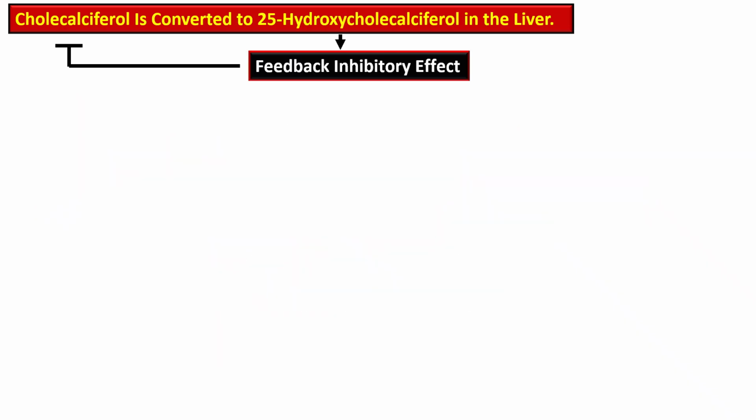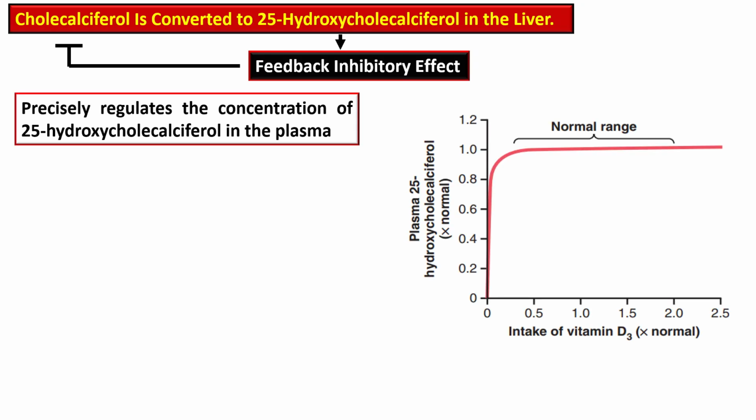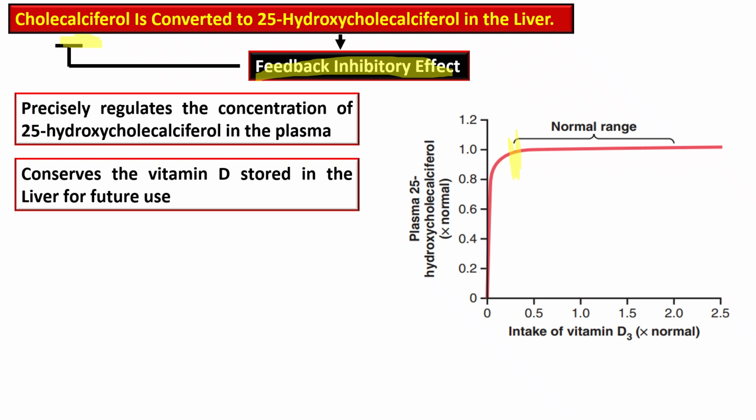So the cholecalciferol is converted to 25-hydroxycholecalciferol in the liver, and there is feedback inhibition of this process. If this 25-hydroxycholecalciferol is increased in the blood, then it is going to suppress the conversion.